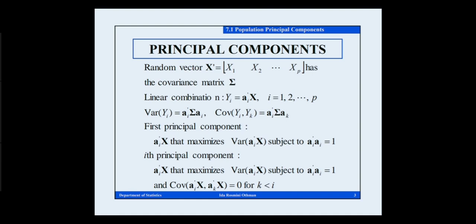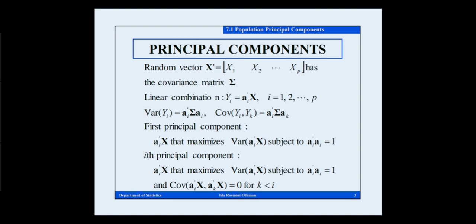Okay, so let's say we have a random vector, bold X transpose, so we have the variables x1 until xp. And then we have the covariance matrix, big sigma. You know how to find the covariance matrix, but in this case it will usually be given, for you to determine the principal components.